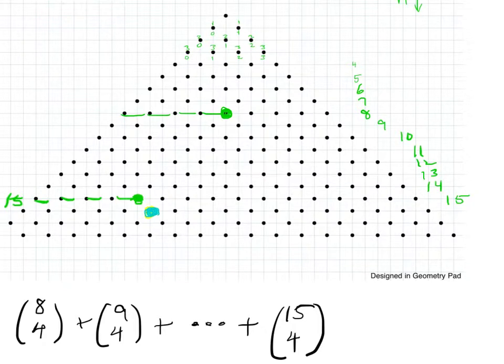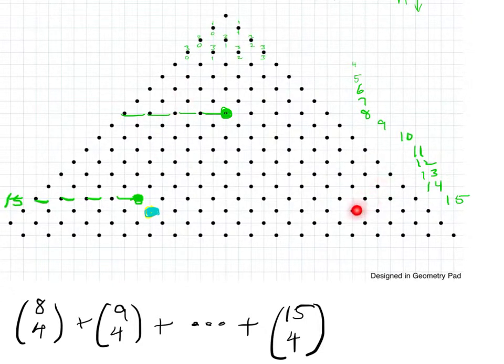So if we add up all of these numbers in Pascal's triangle, whatever they happen to be, we get this number at the blue. That's what the hockey stick identity says, right? Start here, add up all these numbers, and it equals this.